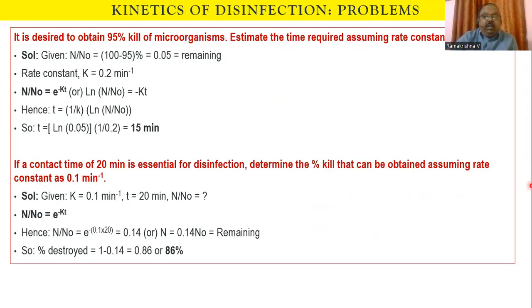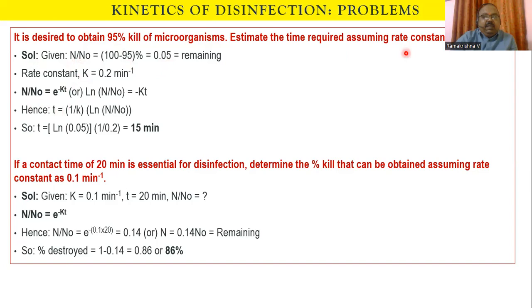Let us quickly look at two small problems with regard to the kinetics. It is designed to obtain 95% kill of microorganisms. Estimate the time required assuming rate constant as 0.2 per minute. So you go with the Chick's law, N by N naught is equal to e to the power of minus kt. 95% kill means remaining is only 5%, that is equal to 0.05, is equal to N by N naught.